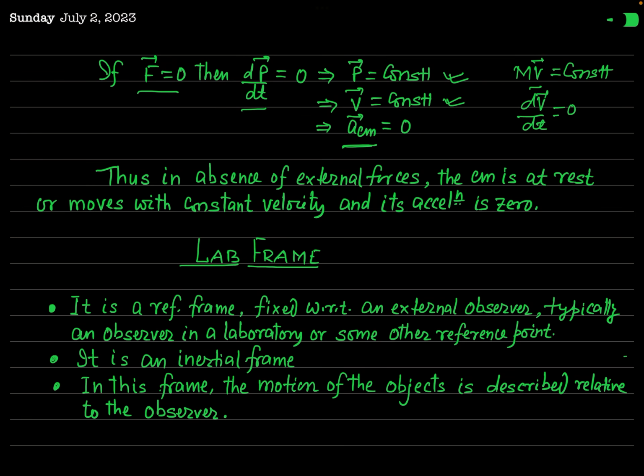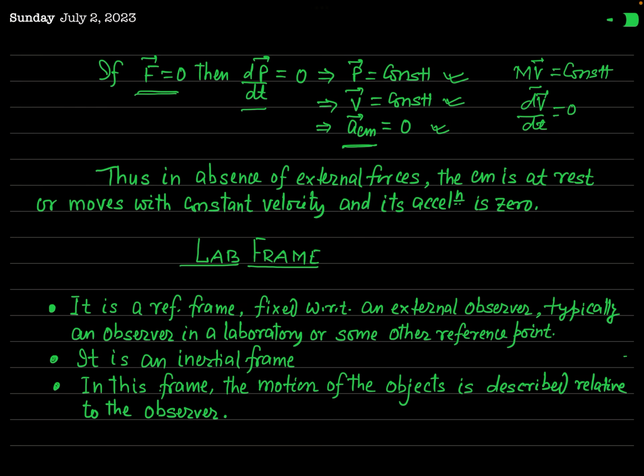So when we talk about the isolated system, in that condition, you can say that momentum of such system will be constant. Velocity of its center of mass is constant, and acceleration of center of mass of that very system is 0. Okay, so I have mentioned it here.